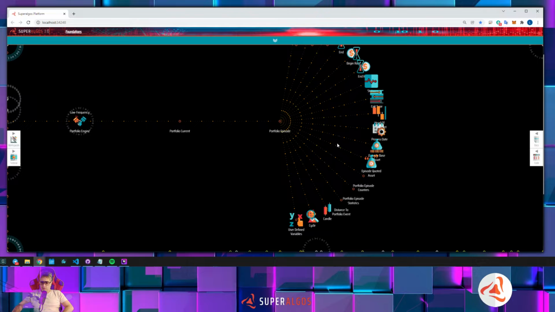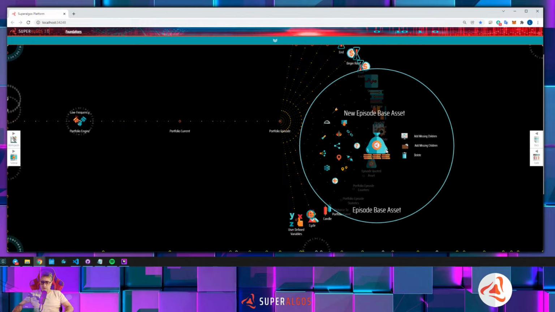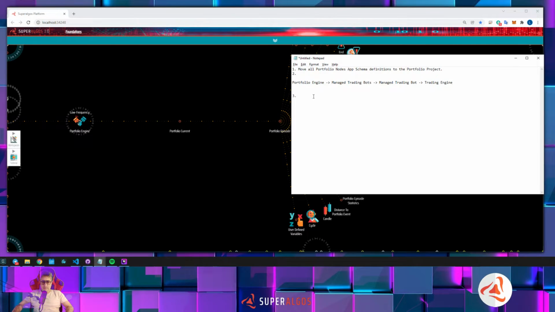Then from portfolio episode we need to remove this. Remove from portfolio episode base and quoted asset.